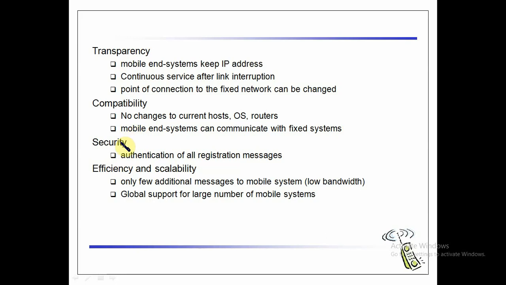Now the next one is the security, that is the authentication of all registration messages. It has many security problems. The minimum requirement is that all the messages related to the management of mobile IP are authenticated, but in the IP layer it must be sure that packets are forwarded to the mobile host.